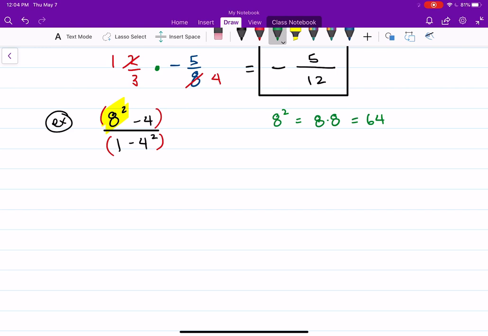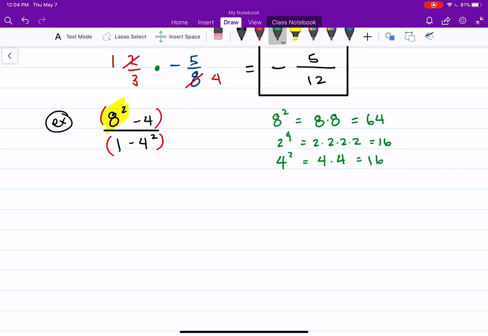So if I had, let's say, 2 to the 4th, that would be 2 times 2 times 2 times 2. Write the base 2 four times and multiply them together, and that will give me 16. And 4 squared means write the base 4 twice and multiply them.